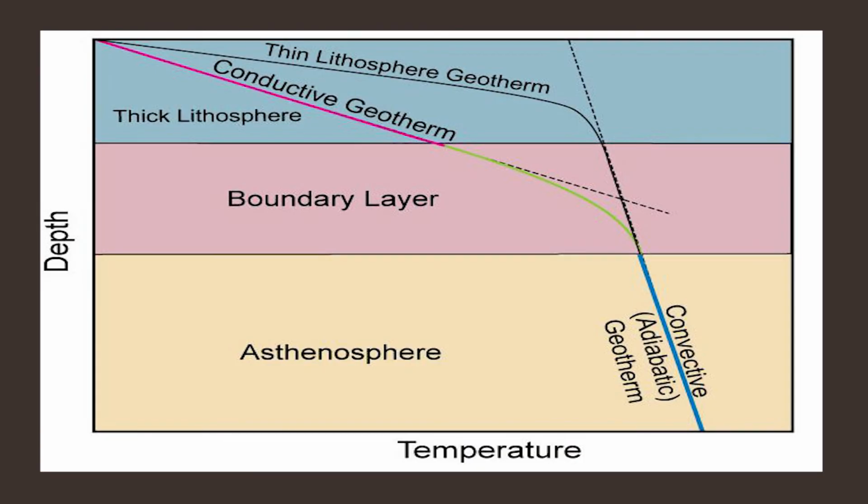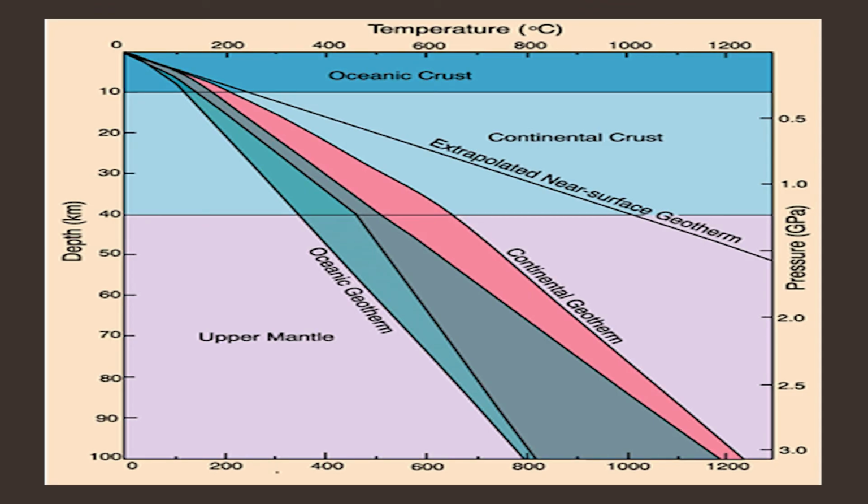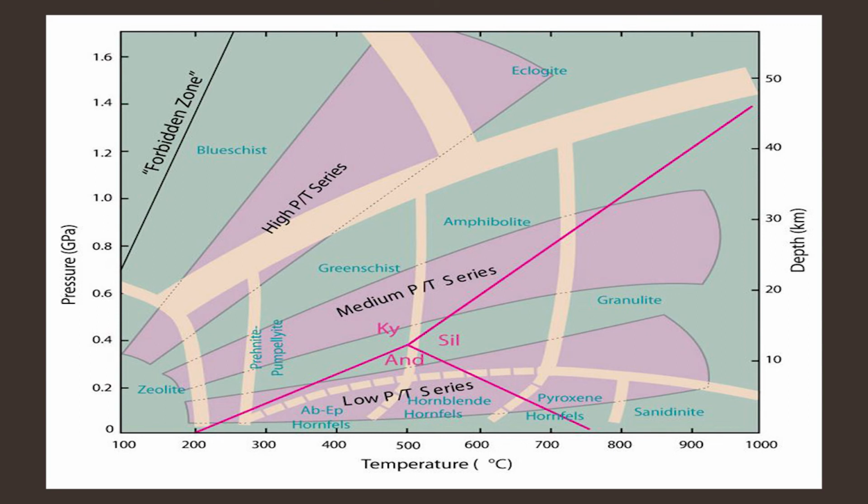Subsidence of the cold hydrated oceanic lithosphere during the plate tectonic cycle will give rise to a high P and low T gradient, which is marked by the downdraft of the isotherms. See the figure on the screen.